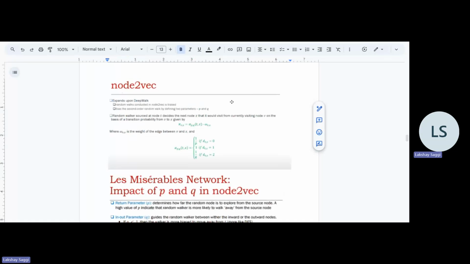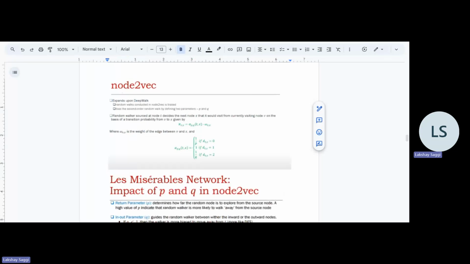Maybe let's not get into the mathematical details a lot, but the high level idea is that one can introduce two further parameters in the algorithm, which are these parameters P and Q. What these P and Q will do is bias a random walk.